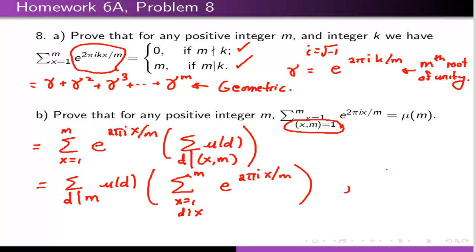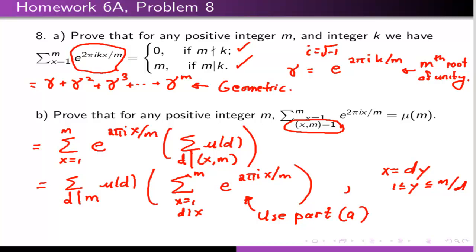So again, you're going to say x is dy, y runs from 1 to m over d, and then this inner sum is exactly a sum that we see in part A. Use part A. So convert it to y and use part A, and you'll see that that sum is always 0, except for one case, and in that one case, you're going to come out to get mu of m.